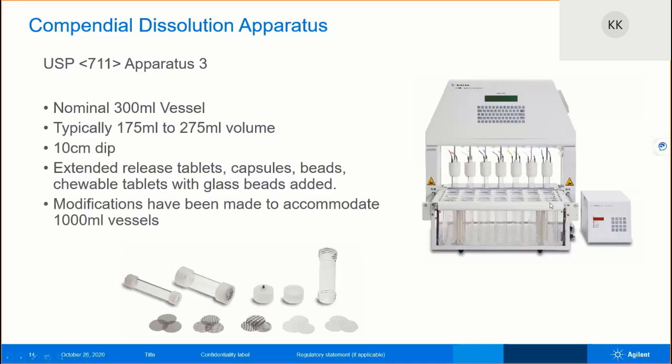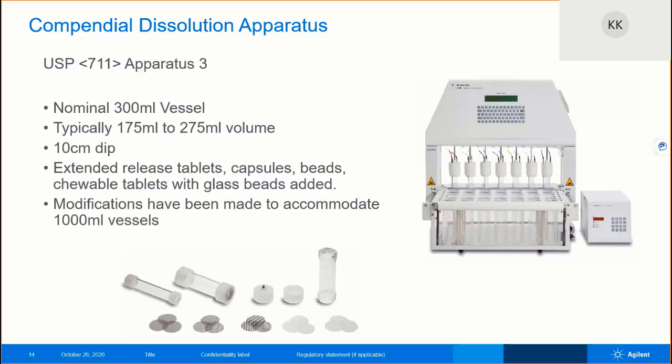But normally you would utilize an apparatus 3 if you, for instance, want to change your media. So you want to start with a very low pH here in the first row, so probably to mimic the stomach. And then you could theoretically move through your whole intestinal system by moving from one row to the other, right? So what do you usually use? Sort of what type of formulations?